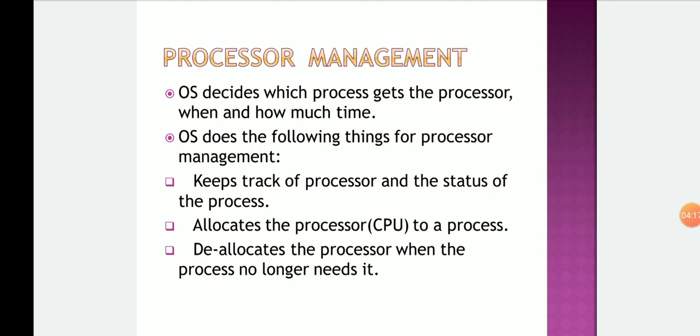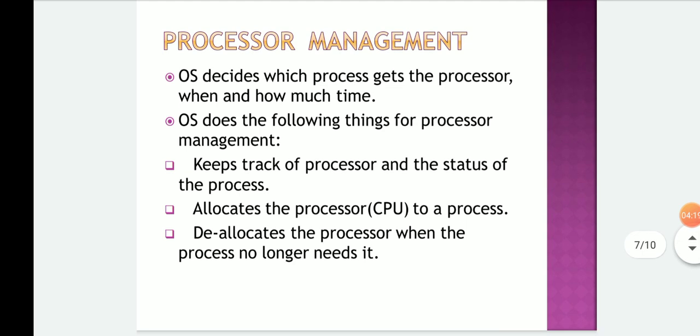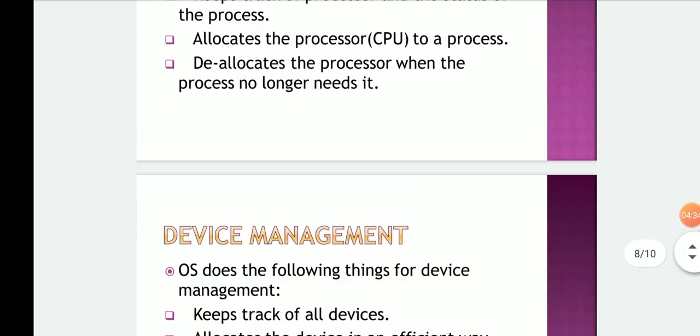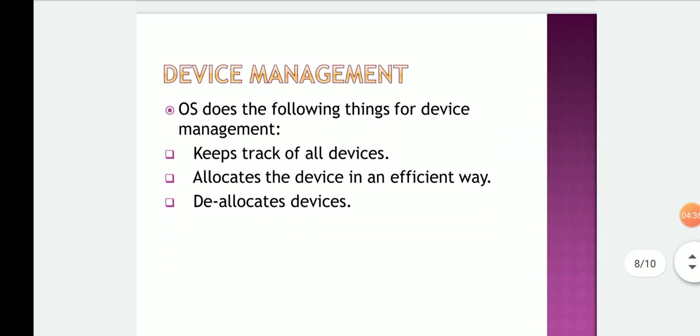Next point is it allocates the processor to a process. The processor is the CPU, so the operating system allocates the CPU to a process and deallocates the processor when the process no longer needs it. Next one is device management. For device management, let's see what the operating system does.